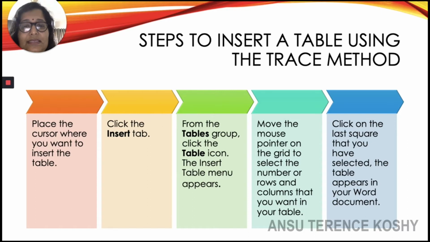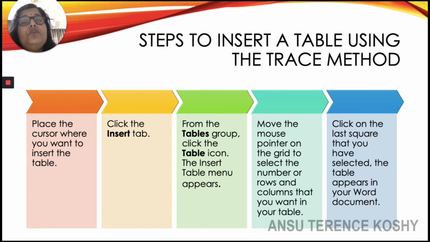From the Insert tab, you have to look for the Tables group and the Tables icon. Then you have to move the pointer across the grid that appears, and from that you select the number of rows and columns. And then when you click on the last square that is formed, the whole table appears on your page.